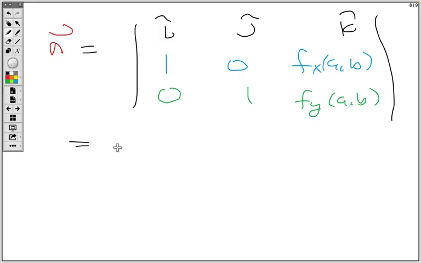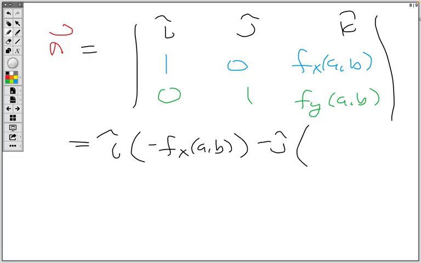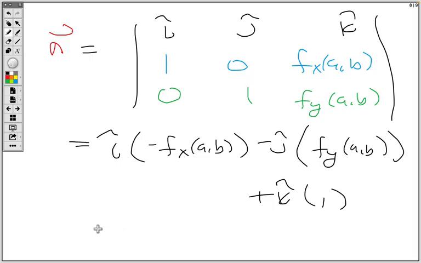And let's see what we get. We get i hat times, I ignore the row and column the i hat is in, I've got 0 minus fx. Then I get a minus j, wipe out the row and column it's in, I get fy minus 0 times fx, so fy at a, b, plus my k hat, wipe out the row and column k is in, I've got 1 minus 0, which is 1.